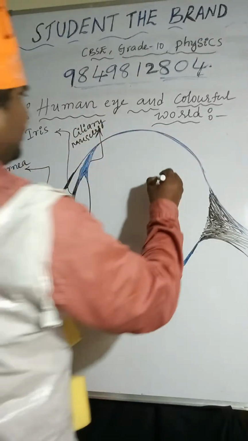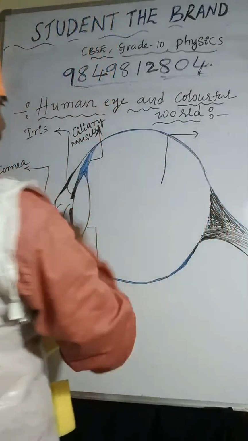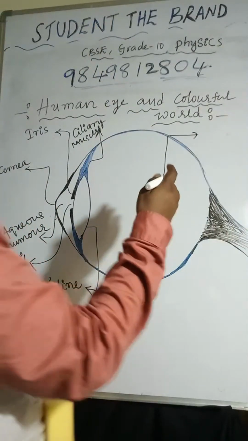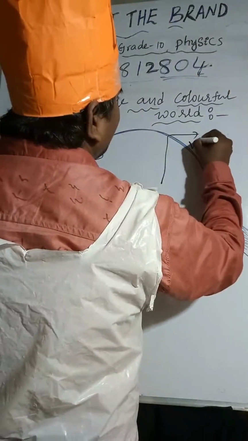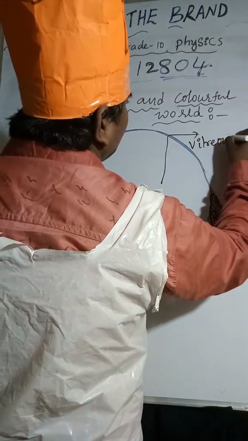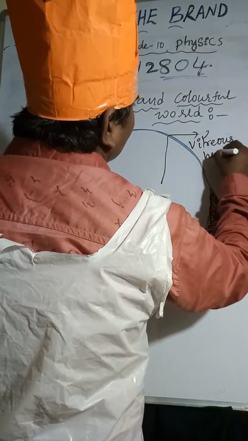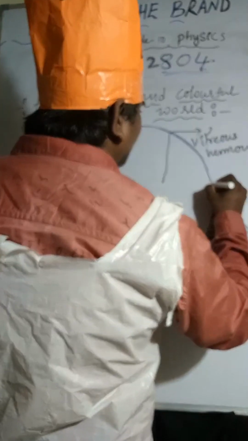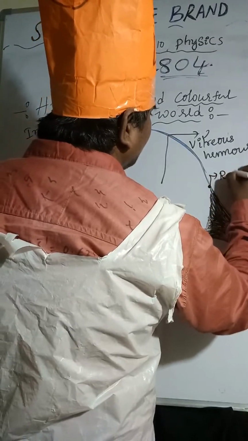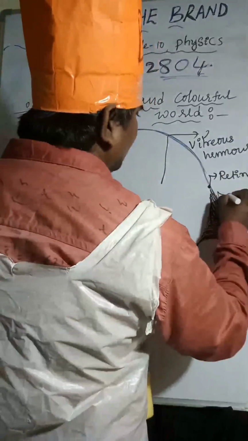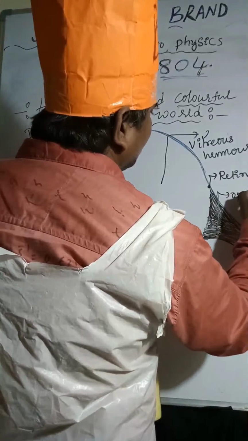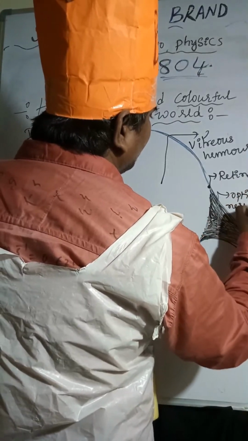And next one here, vitreous humor. And here I am taking the retina, and here is the optic nerve.